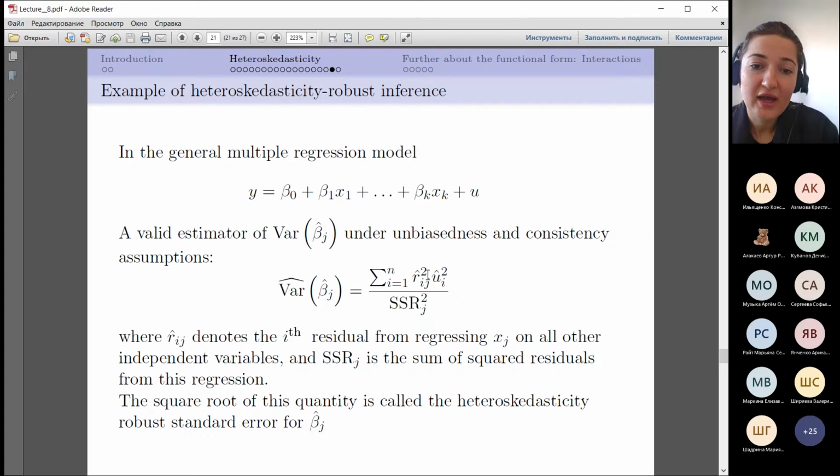But here you add the residuals from the regression of x on all other independent variables, and in the denominator you can see the sum of squared residuals from the regression, again, of the x variable on other independent variables. And the square root of this quantity is called the heteroskedasticity robust standard errors.